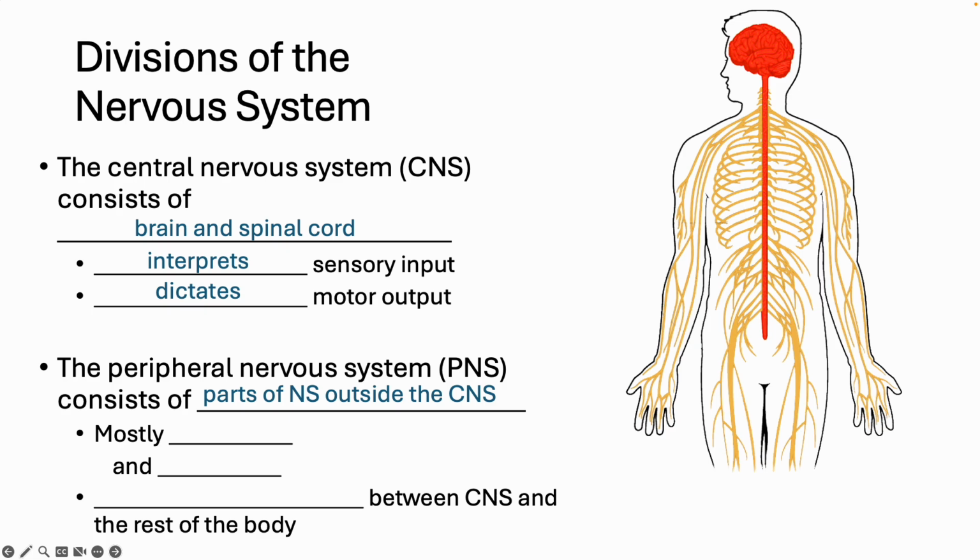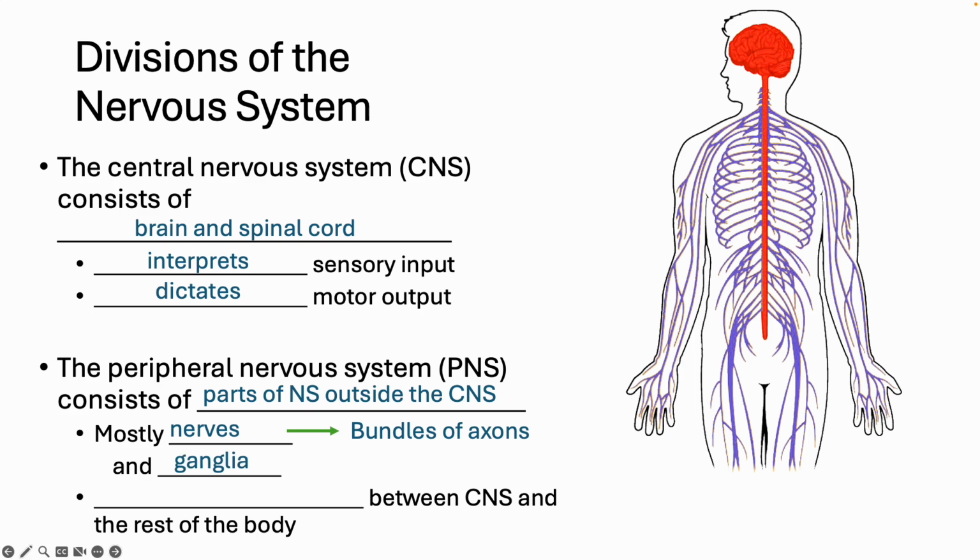So these are going to be mostly your nerves, which are the bundles of axons, and ganglia, which are the collections of neuron cell bodies. The function of the peripheral nervous system is essentially to communicate between the central nervous system and the rest of the body.